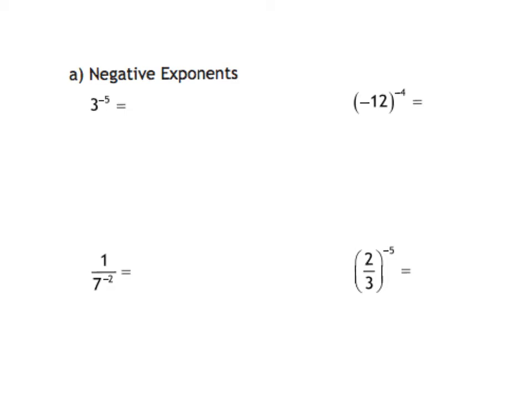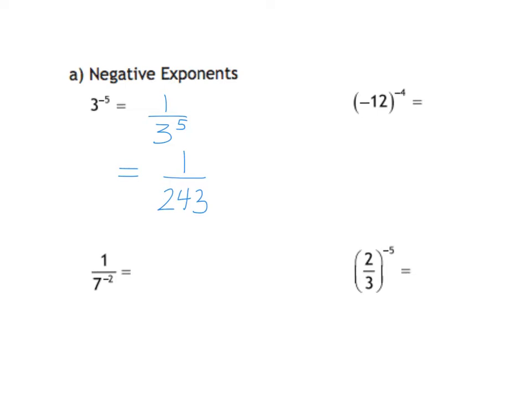So make it a 1 over 3, 1 over 3 to the power of 5. And then if I actually evaluate that, 3 to the power of 5 is 243, so we could call that 1 over 243.